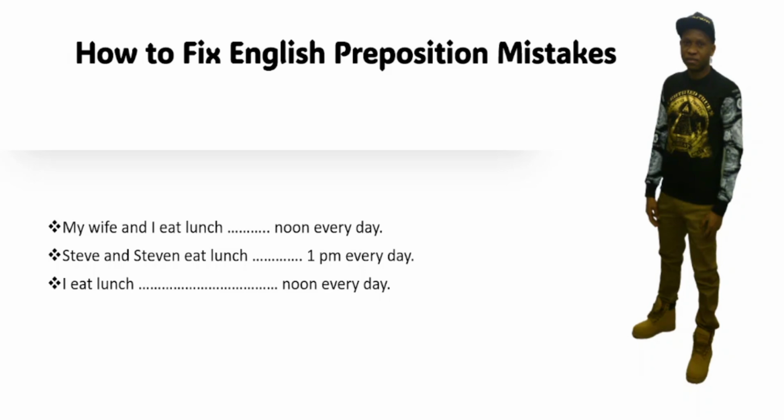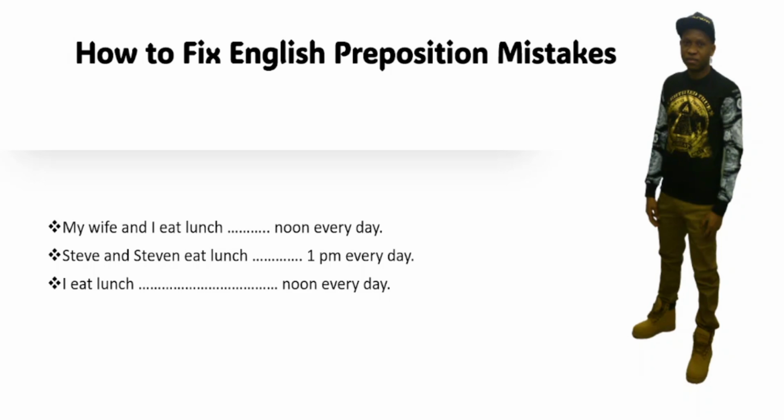So if I say my wife and I eat lunch at noon every day, sounds right? Yep. Steve and Steven eat lunch at 1 p.m. every day. Yep. I eat lunch at noon every day. They sound right. So in that case, at is the right preposition, right? So we're gonna fill them in.